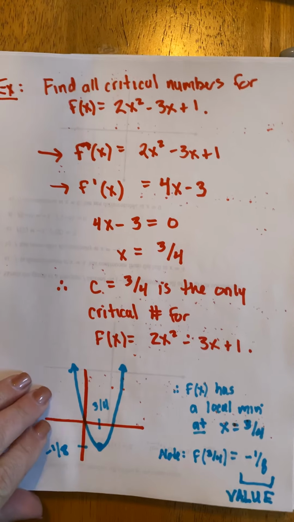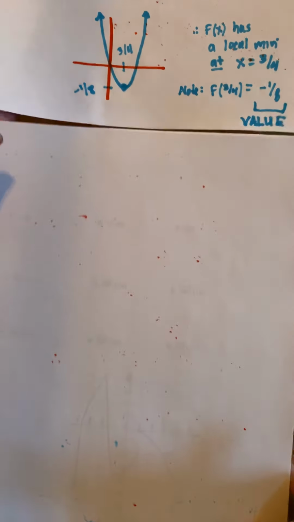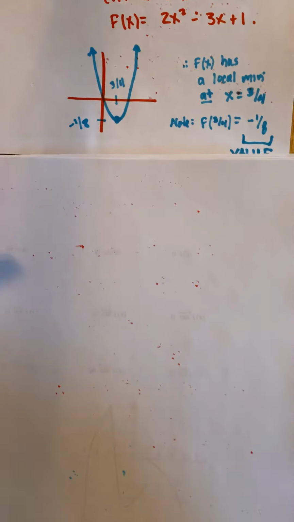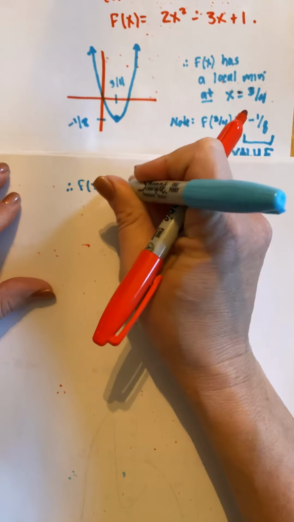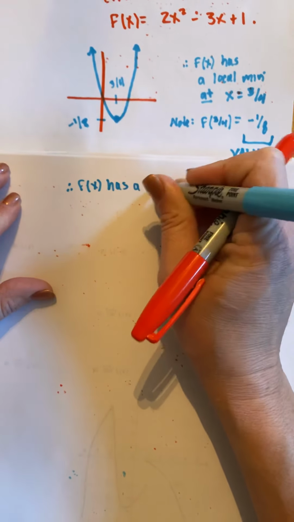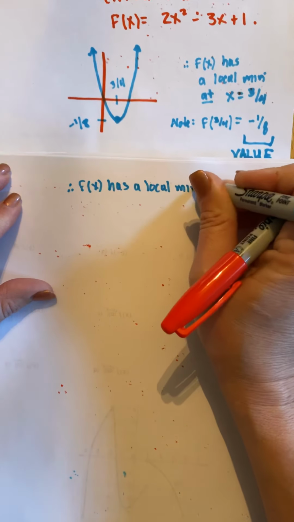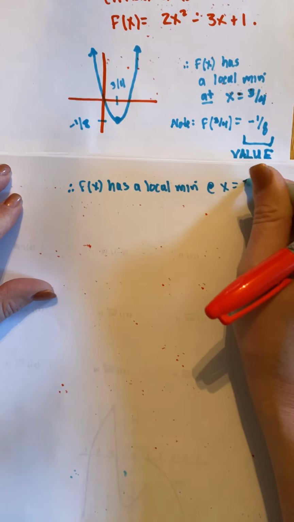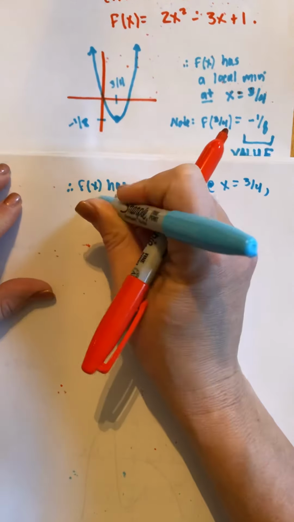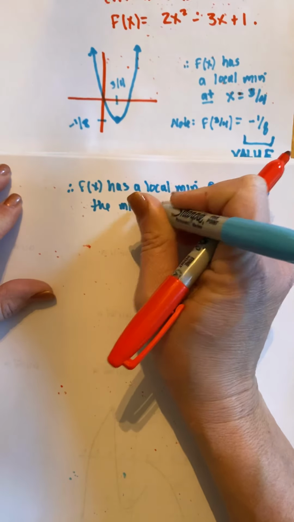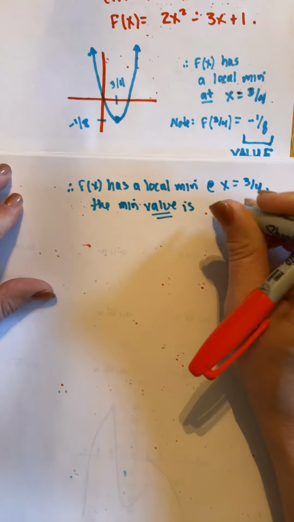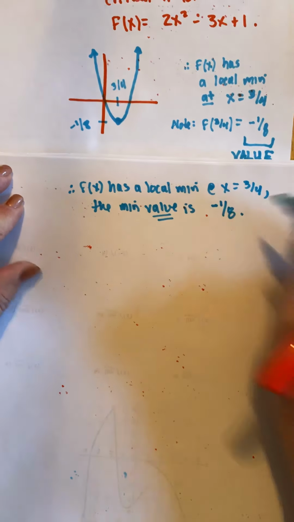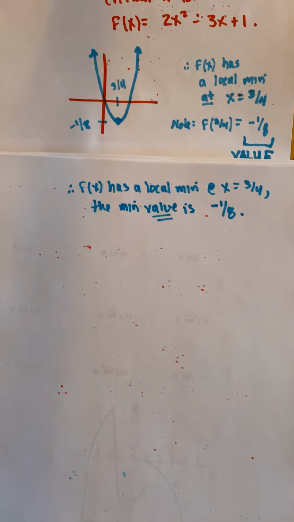So we would say it has a local minimum at 3/4. The minimum value is -1/8. So therefore, f of x has a local min at x equals 3/4. The minimum value is -1/8. So you just have to read the question carefully, see what it's asking for.